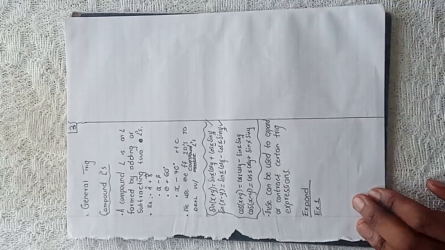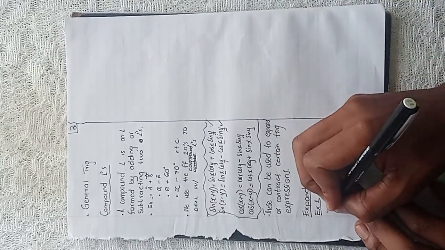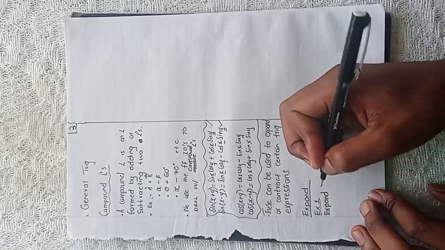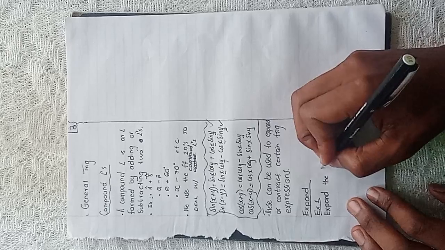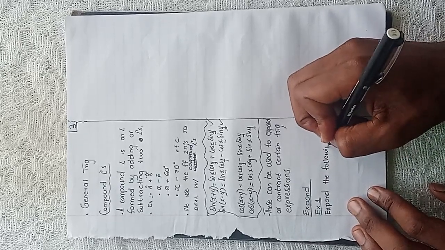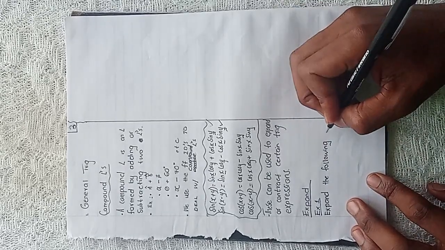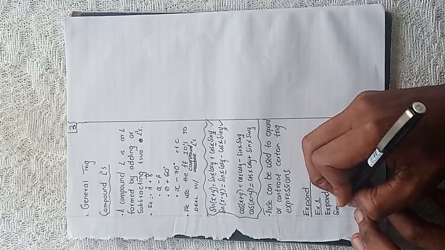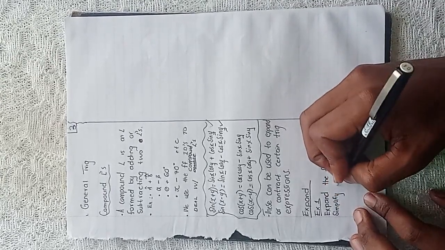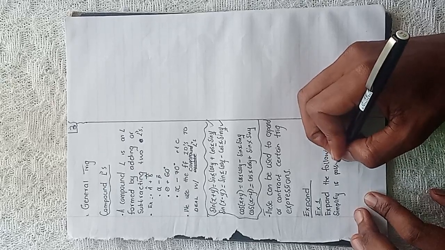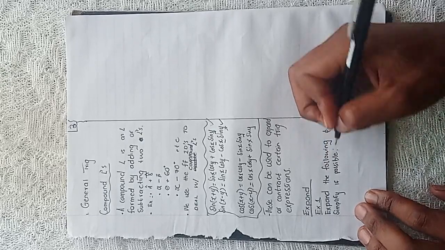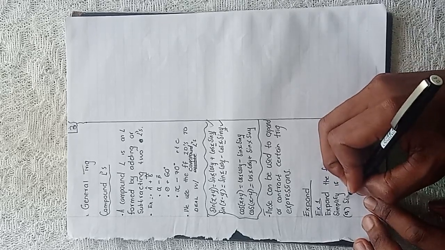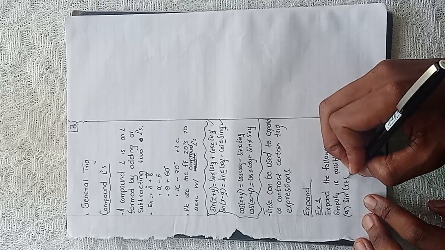Example 1: expand the following and simplify if possible. For A, we have sine of x plus y.